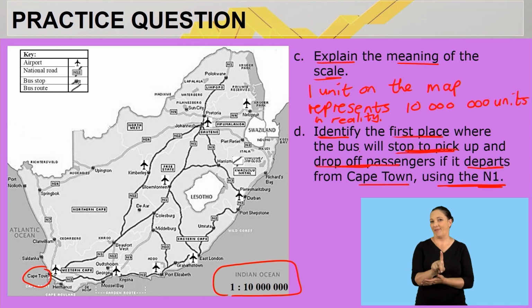This is the N1 here. We can see N1 indicated to us. When we leave Cape Town, what will be the first town? We agree that will be Beaufort West. The first town it will stop to pick up and drop off passengers will be Beaufort West. Guys, are we still fine? That's straightforward. Let's look at another question.